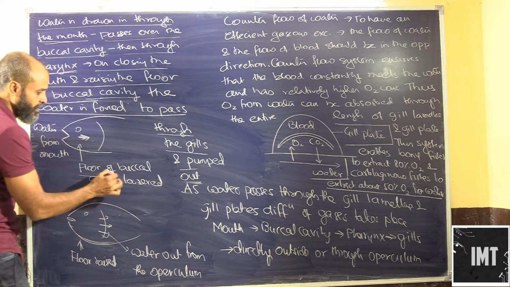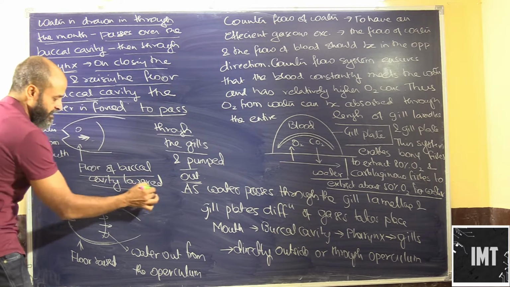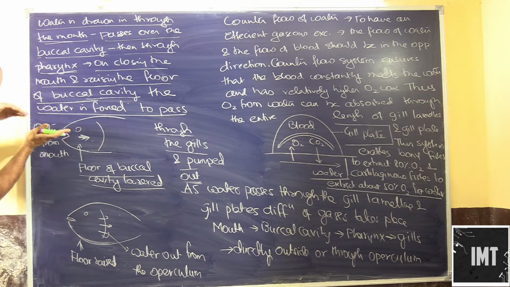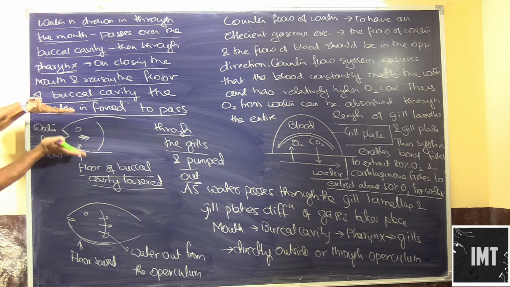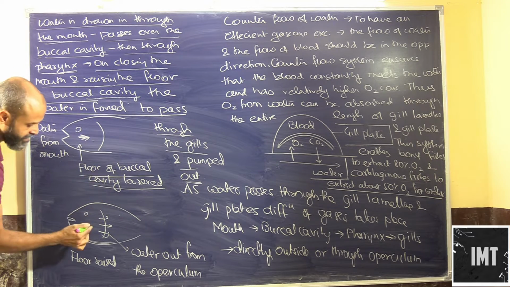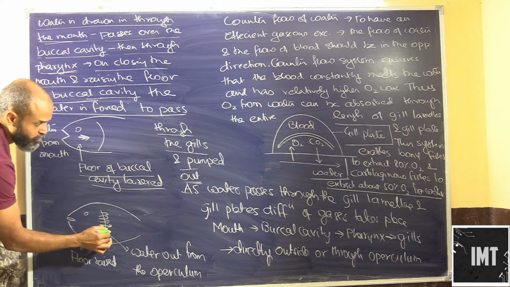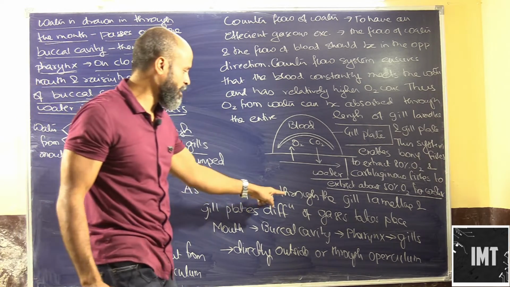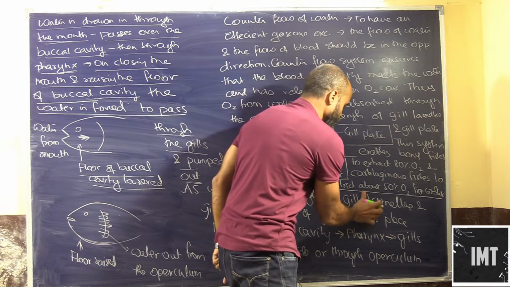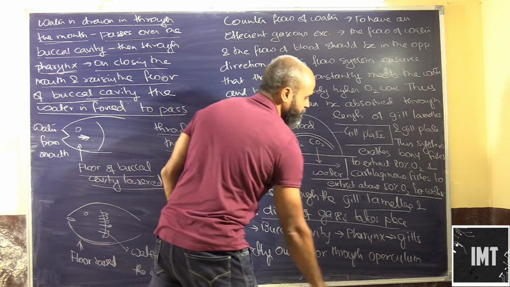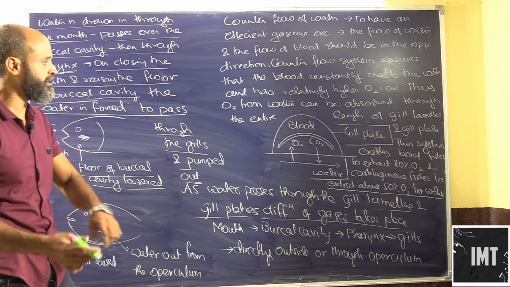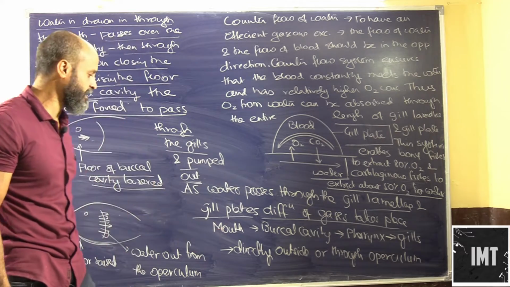In fishes, the floor of the buccal cavity is first lowered as the mouth opens. Then as the mouth closes, the buccal cavity is raised, and hence the water is forced to pass through the gills. As water passes through the gills, gill lamellae and gill plates, diffusion of gases takes place.